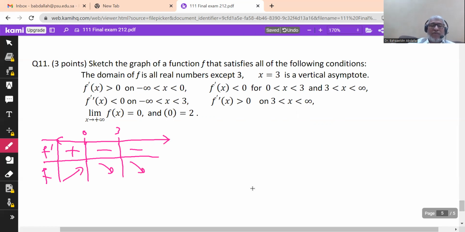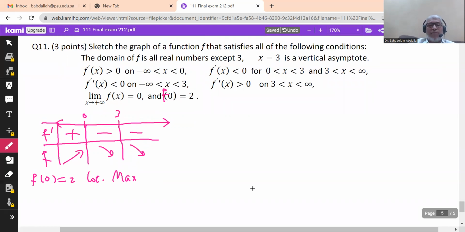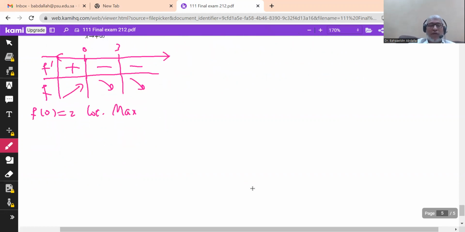And I can find out that f of 0 is a local maximum. And f of 0 is given here. f of 0 is 2. So f of 0 equals 2 is a local maximum. For f double prime, I have f double prime less than 0 from negative infinity to 3 and from 3 to infinity. So 3 is the most important number, the number at which f prime changes its sign.